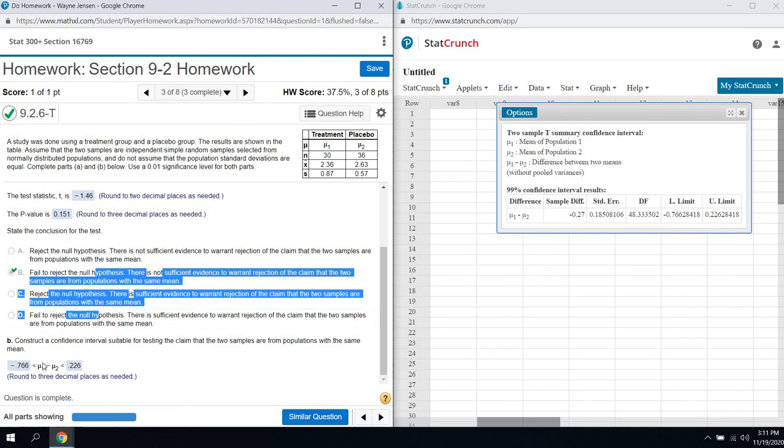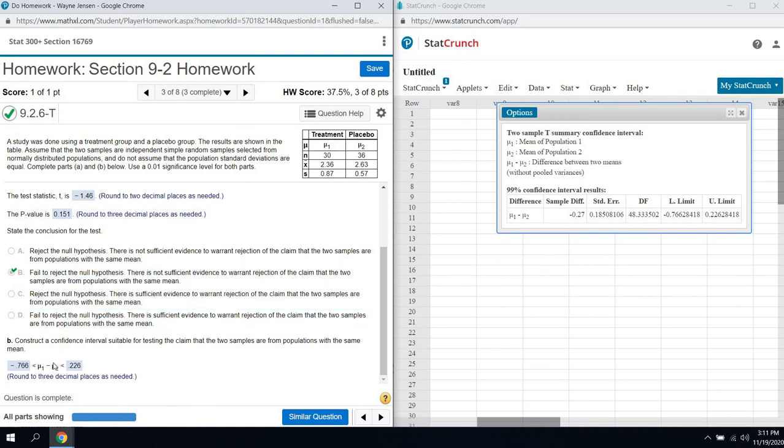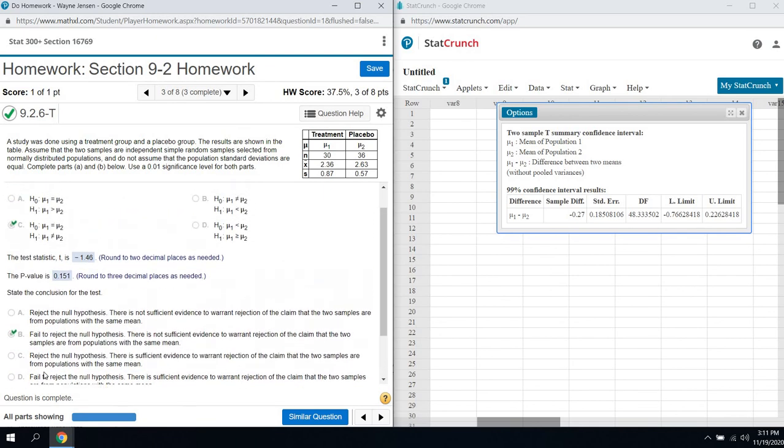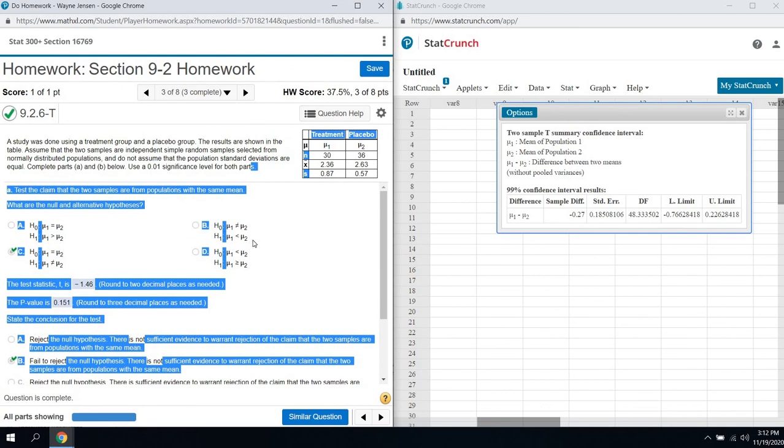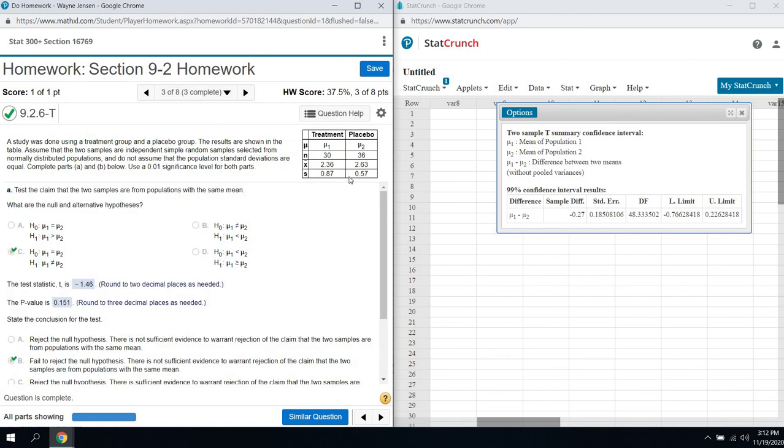Notice that it contains 0. Mu1 minus mu2 could be 0. Because mu1 minus mu2 could be 0, you cannot reject that they're the same. If two things are the same and you subtract them, you get 0. So because that's a potential, mu1 could equal mu2, and that's why we're not rejecting it, because our data doesn't support strongly that that should be rejected. They are different from one another, but they're not that different.